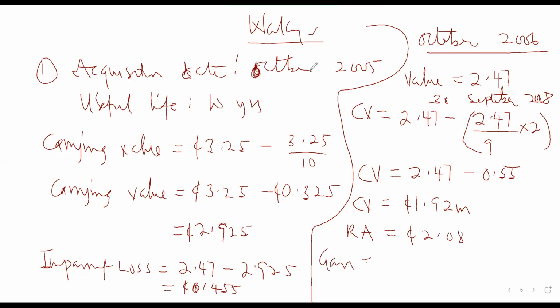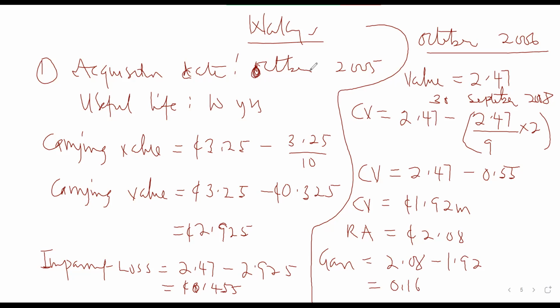What will be the gain? It will be 2.08 minus 1.92. What is the increase in the value? 0.16. Okay. So that is now the amount that we are going to reverse.